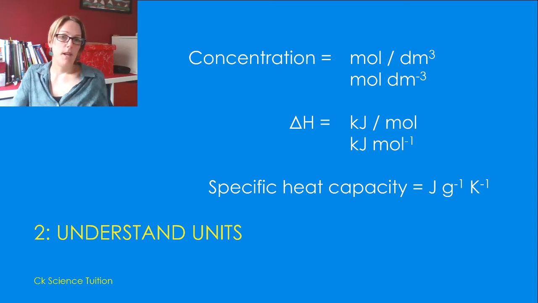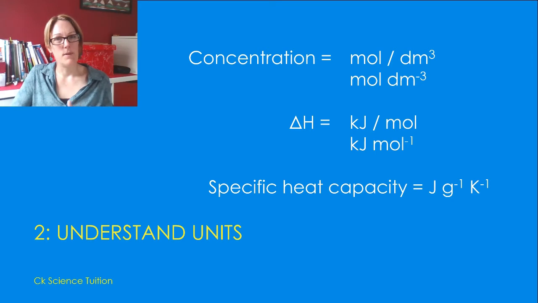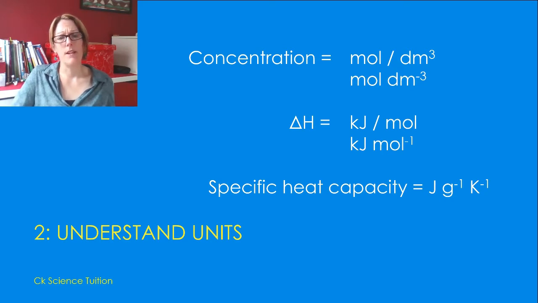And then something that's maybe not quite so obvious, but especially because we tend to just look things up, like specific heat capacity, and we tend to just get the number and not look at the unit. But if you look at the unit for specific heat capacity, it's telling you what it means.